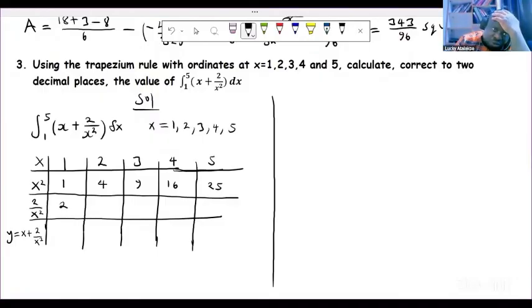Then if you do 2 over 4, that's 0.5. Then 2 upon x squared is 2 over 9. So 2 over 9 is 0.2222.